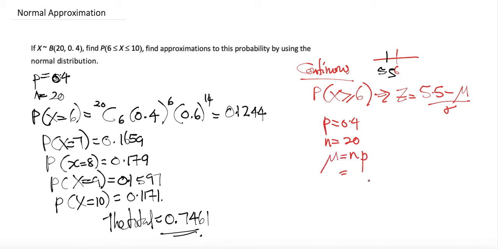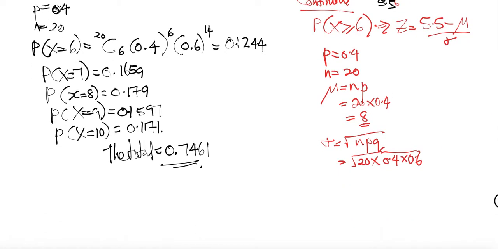To find the mean, we just multiply 20 with 0.4, and the answer is 8. Whereas the standard deviation is the square root of npq, which is the square root of 20 times 0.4 times 0.6, and the answer is square root of 4.8.